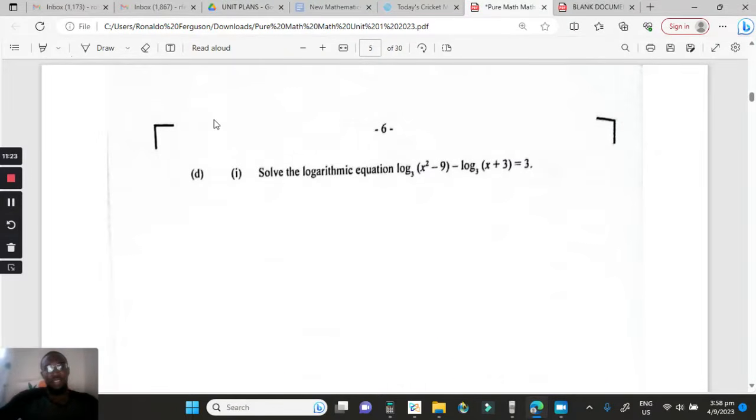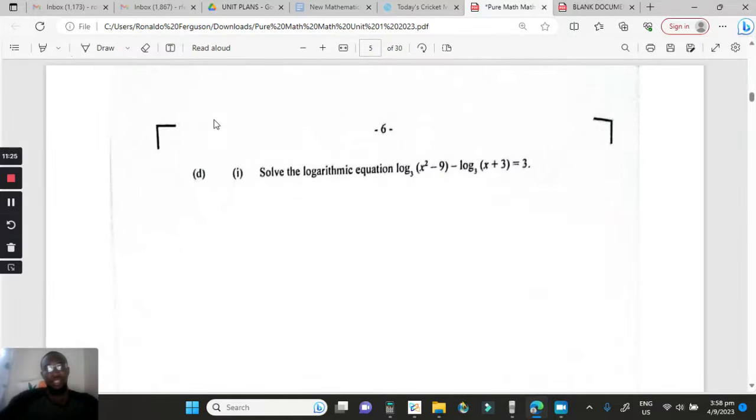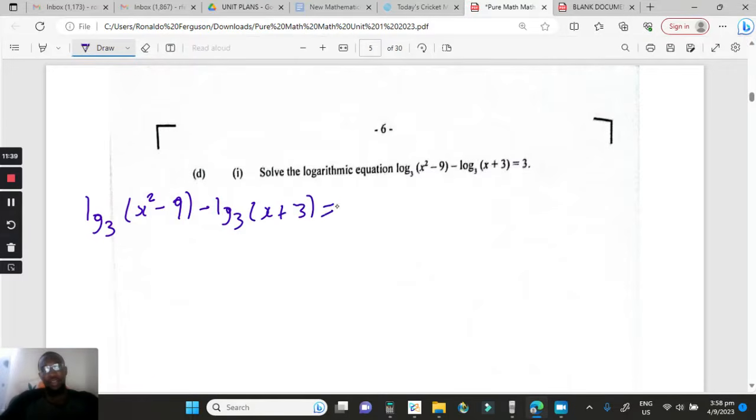Now this question says solve this log equation. Very simple log equation. We're solving log base 3 of x squared minus 9, minus log base 3 of x plus 3, equal to 3. Now, if you practice questions from the Macmillan textbook, you'd see this exact question there.